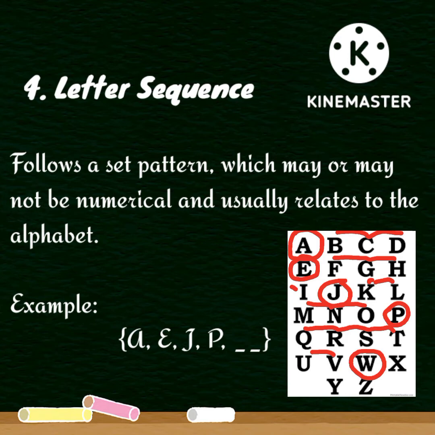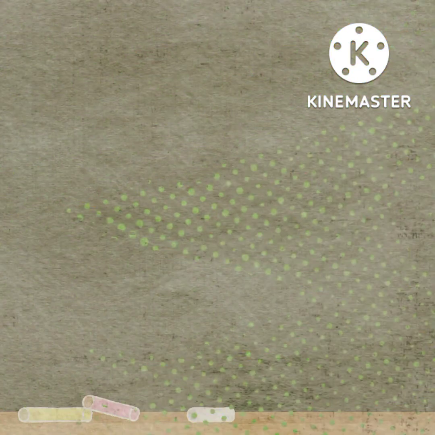So, mapapansin nyo, bibilugan muna natin yung A, E, J, and P. So, merong tatlong agwat sa A and E. Ang sunod is 4 and 5. Mapapansin nyo na sunod-sunod yung number na nag-start sa 3. So, 3, 4, 5. Ibig sabihin, 6 ang agwat na susunod. So, the answer is W.